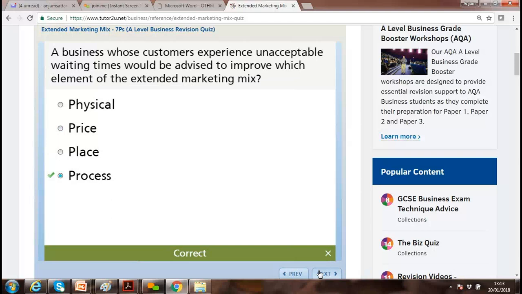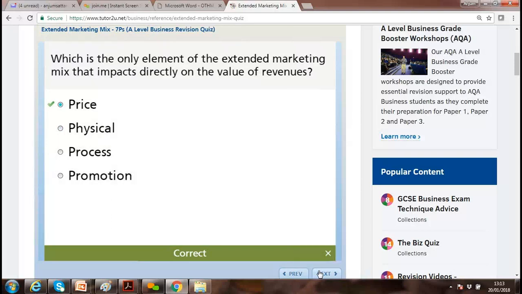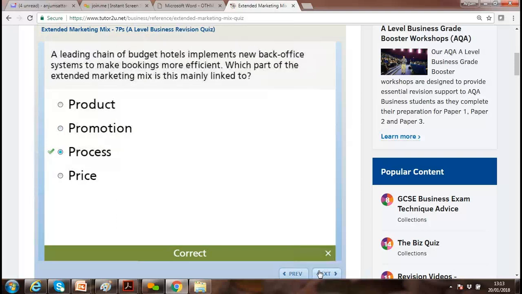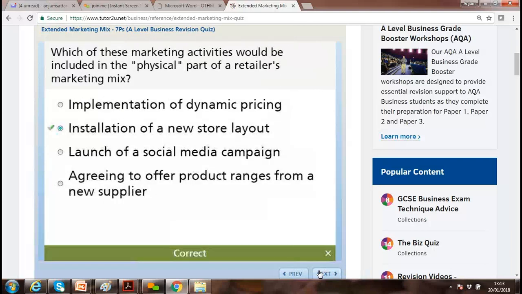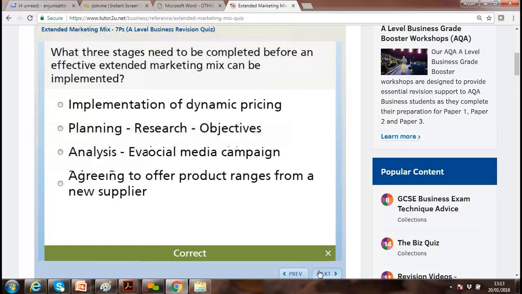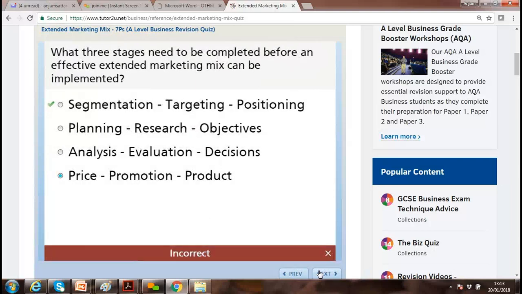Correct. Elements of the marketing mix need to work even closer together. Installation of a new store layout, well done. Segmentation, yes, we need to segment properly. Yes, we need to target and position before that.